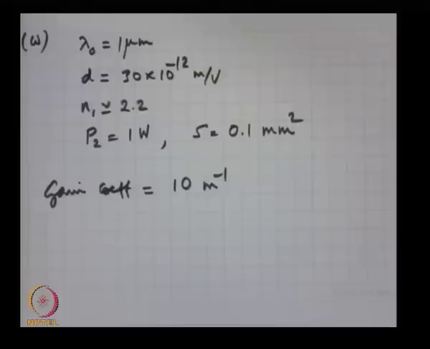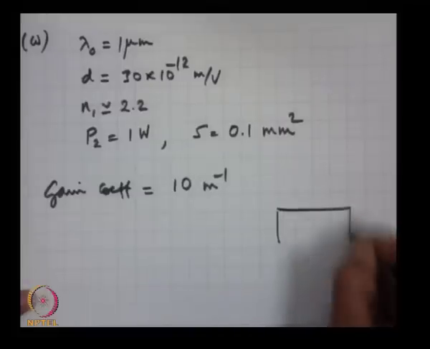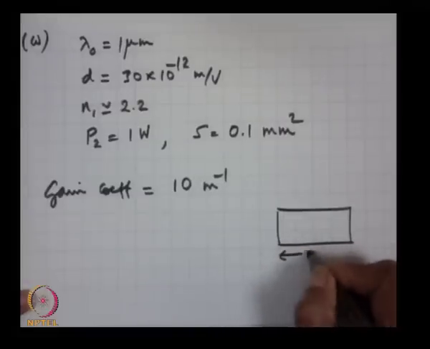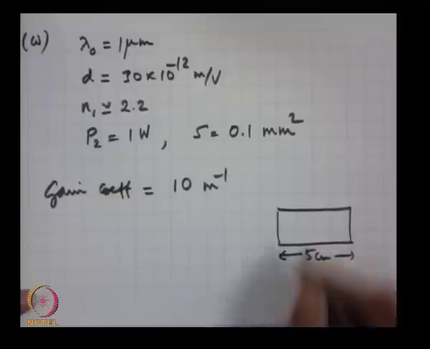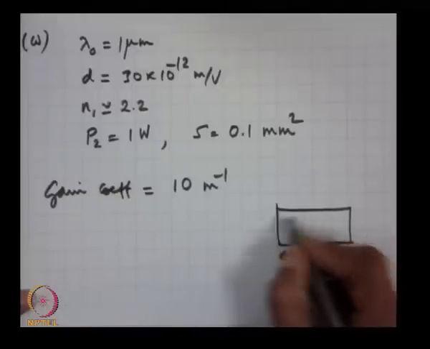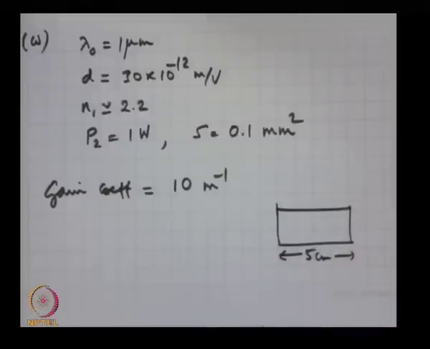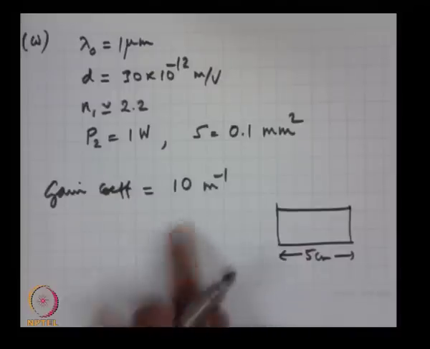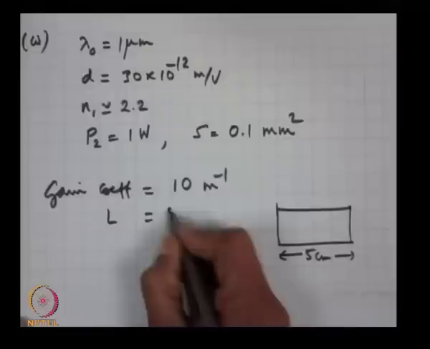That's not a large gain coefficient, because suppose I take a crystal of length 5 centimeters. By what factor will the power increase at the output? Sorry? No, not E. Here's the gain coefficient, length is 5 centimeters.